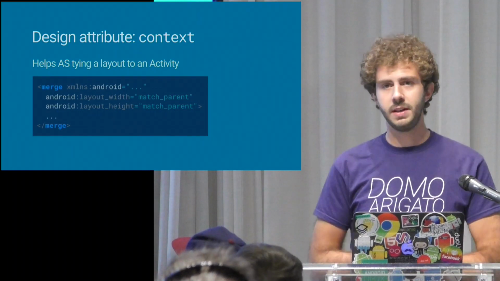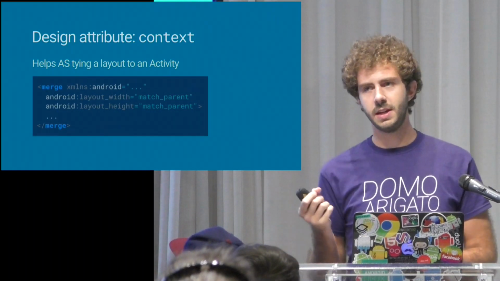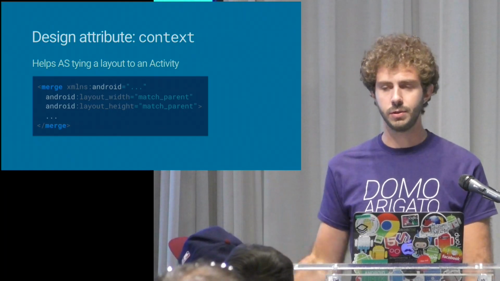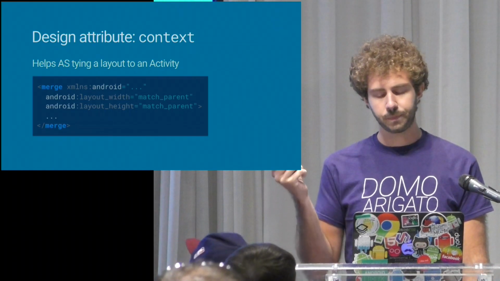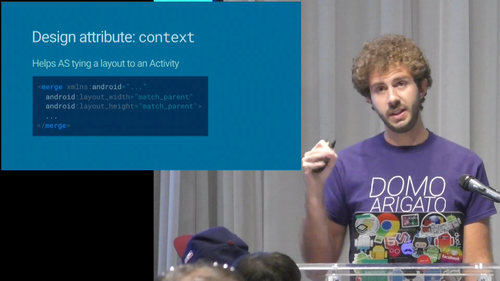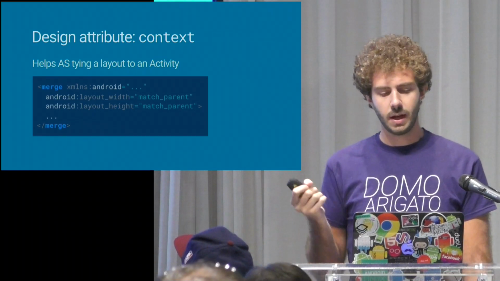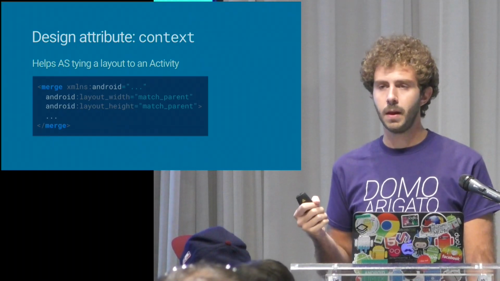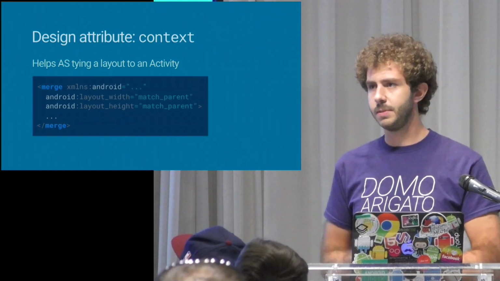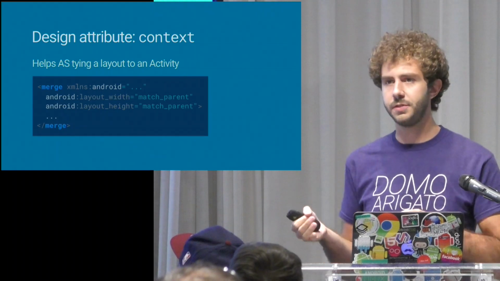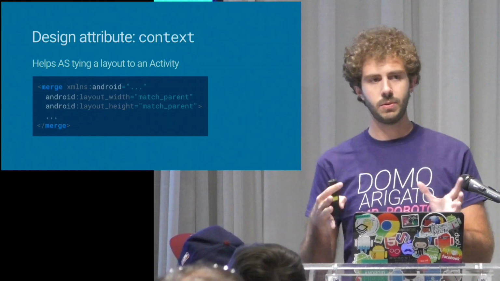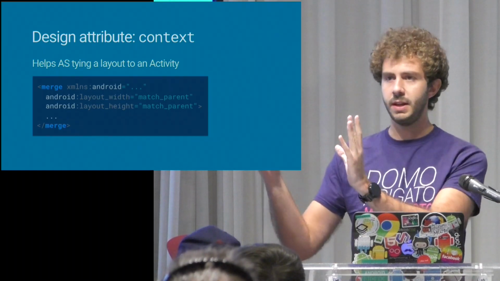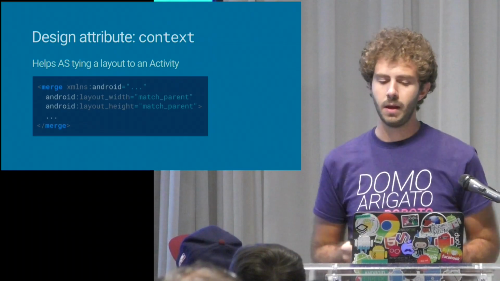The first one is context. Context is probably the oldest or one of the oldest attributes in the tools namespace, on the design side of things. It used to be called activity when it first appeared, but then they changed it to context because what this attribute does is it says to Android Studio, well, this layout is going to be used within this context.